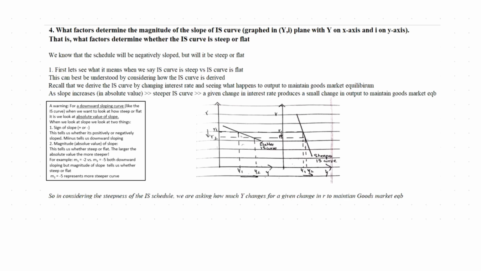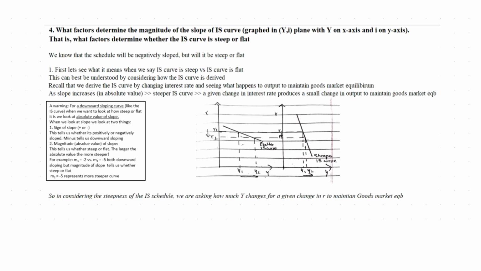We know when we derive the IS curve, whenever interest rate changes, output changes to maintain goods market equilibrium. When the IS curve is steeper, you will require a smaller change in output to maintain goods market equilibrium for a given change in interest rate, as we can see here. In both cases, the change in interest rate is the same, R1 to R2. But the change in output for the flatter IS curve is greater than the one for the steeper IS curve.